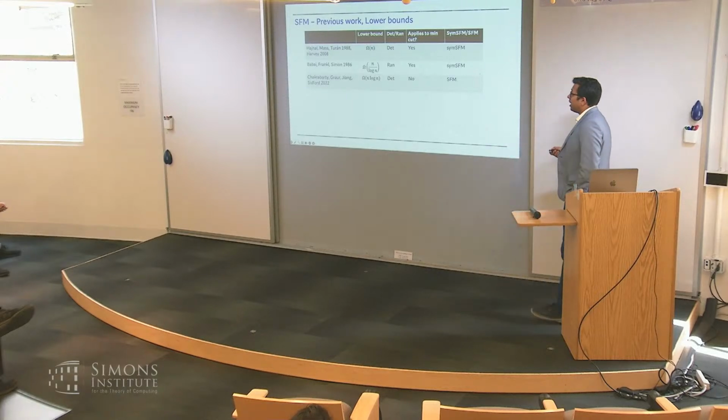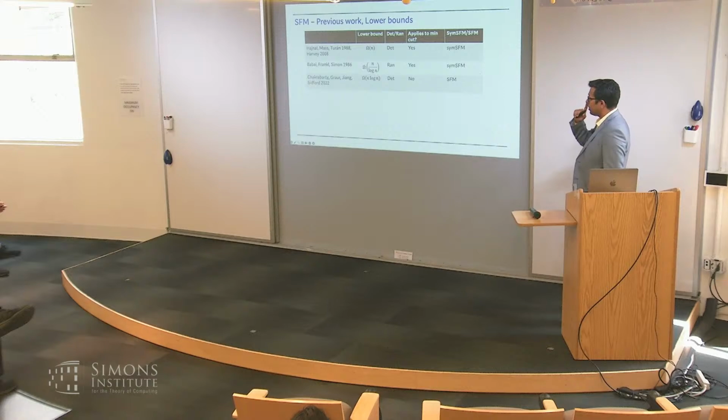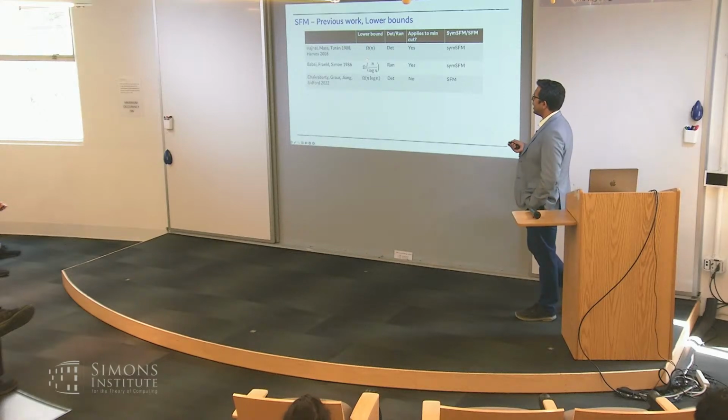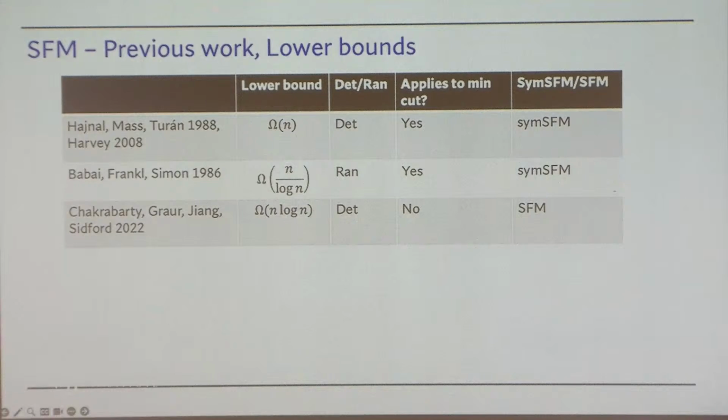The lower bound side is not so promising. There is one lower bound from 1988, which gives an omega n lower bound for symmetric submodular function minimizer. The randomized one is only n over log n. And very recently, the deterministic lower bound has been improved to n log n. So that's where we are at.